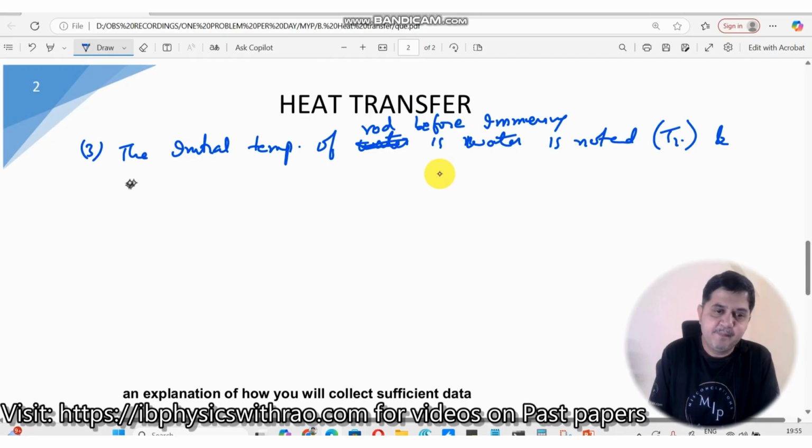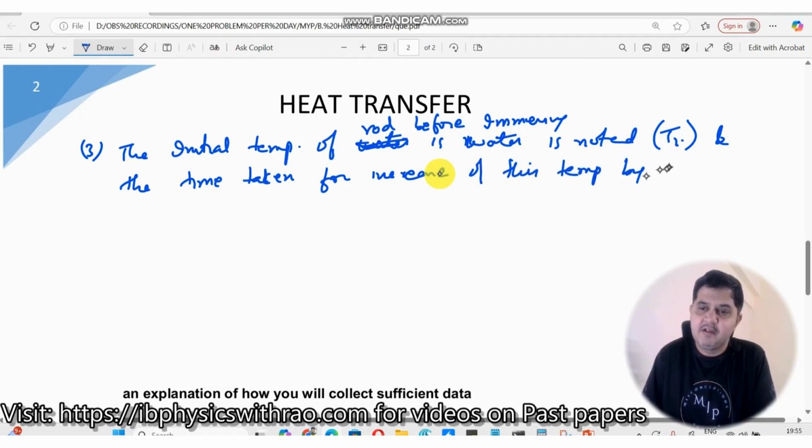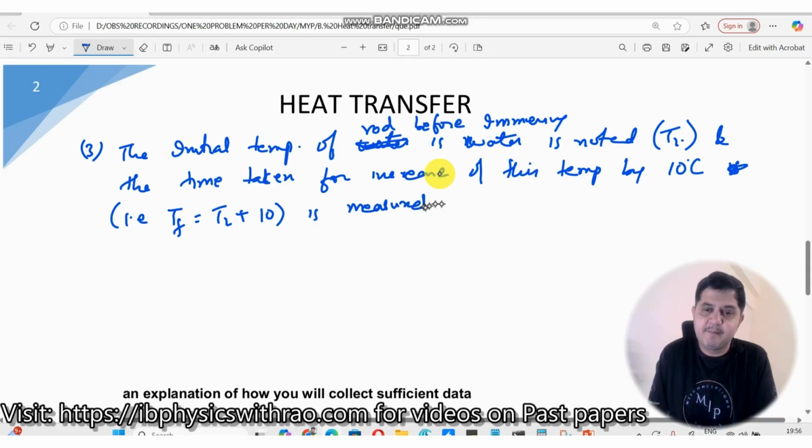and the time taken for increase of this temperature by 10 degrees Celsius, that is T final is equal to T initial plus 10, is measured using a stopwatch.